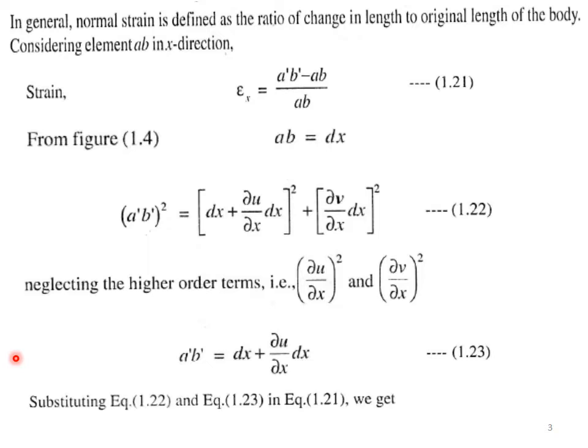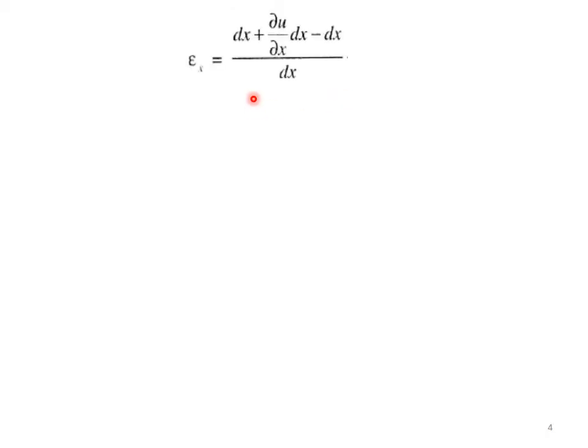Next, we substitute equation number 2 and equation number 3 in equation number 1. Substituting equations 1.2 and 1.3 in equation 1.1, epsilon x is equal to dx plus del u by del x into dx minus dx, divided by dx.